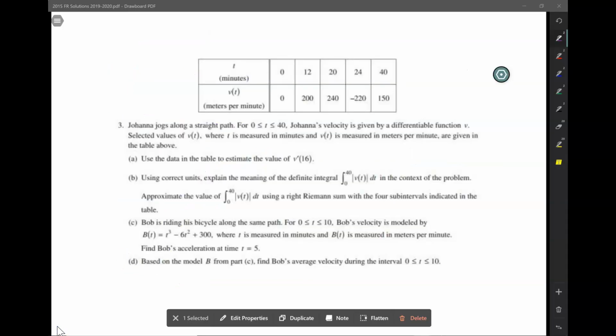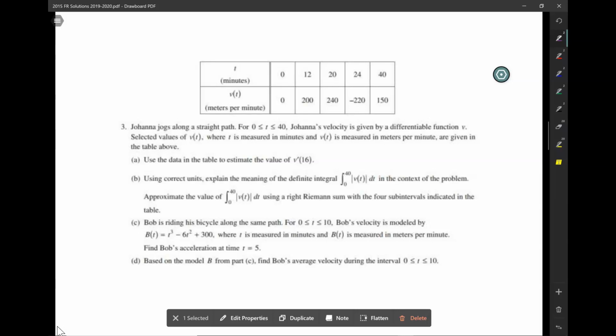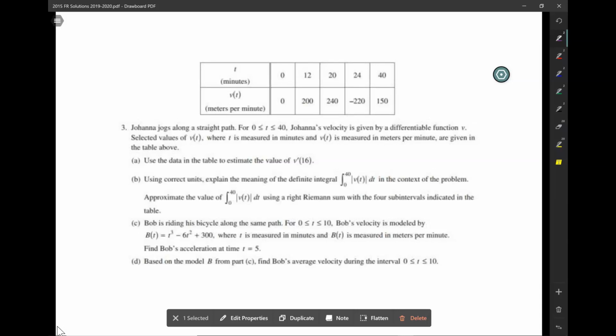Our velocity is given by a differentiable function v. Selected values of v are given. So t is in minutes, v is meters per minute. Use the data in the table to estimate the value of v prime at 16.